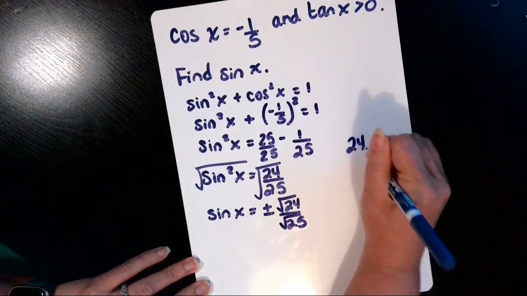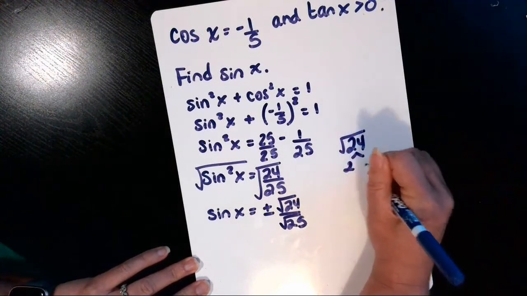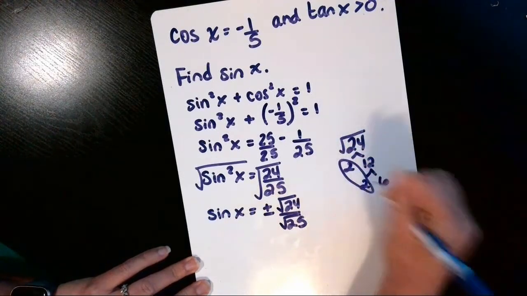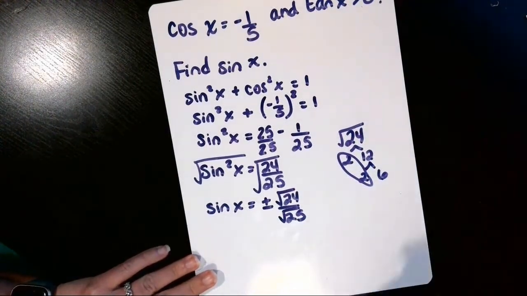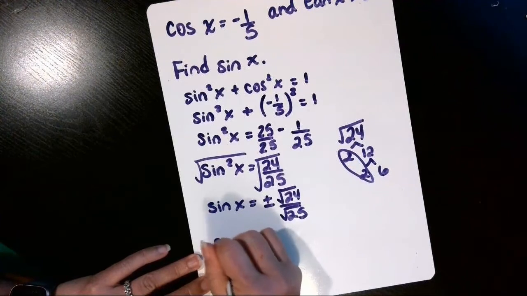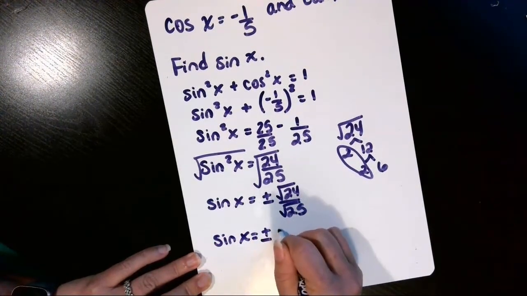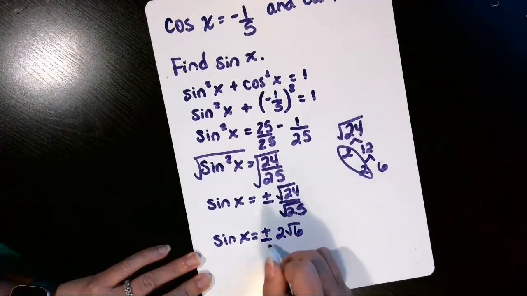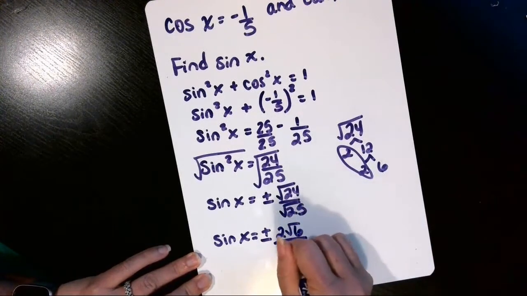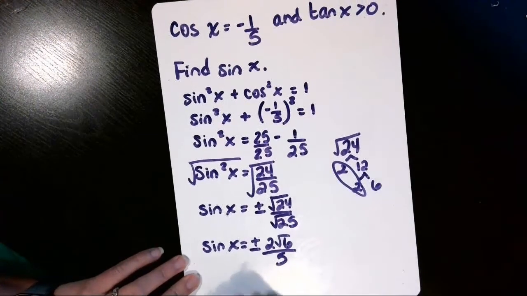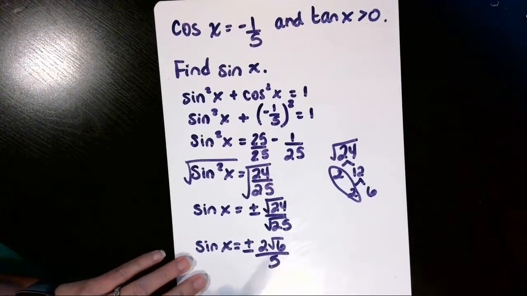So 24, let's see, that's 2 times 12, 2 times 6, so we can pull out that pair of 2's to the front. So then sine of x is equal to plus or minus 2 square root of 6 over, and then the square root of 25 is 5.